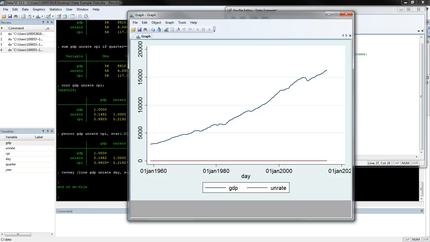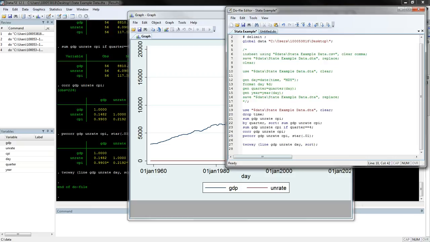What we're going to do now is add that second axis by going back, and we're going to delete this, and we're going to put line UN rate day, and then line GDP day.